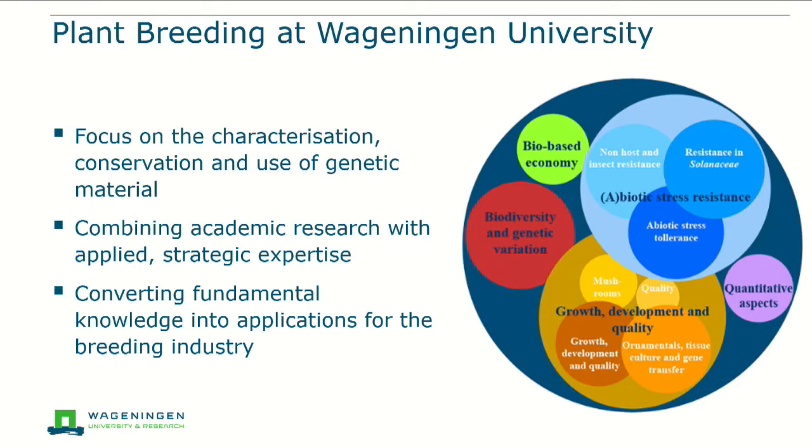That is a wide representation of all kinds of aspects that relate to plant breeding, from quantitative and qualitative aspects of plant breeding to improving biotic stress resistance, pest and disease resistance, as well as abiotic stress tolerance. For example, to develop salt-tolerant new varieties.